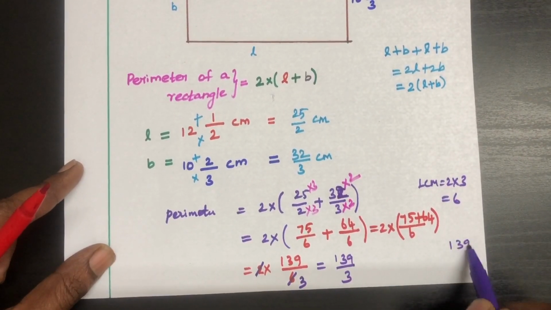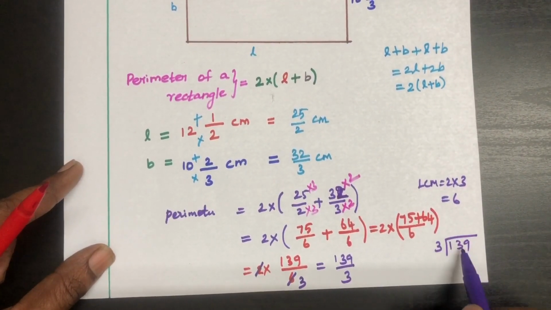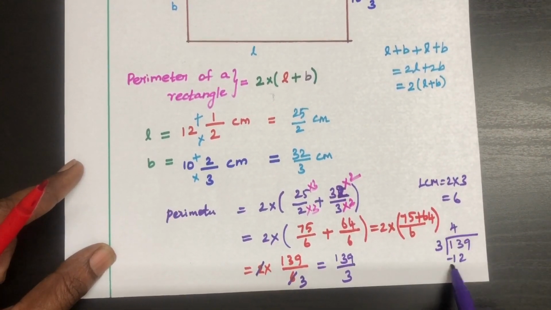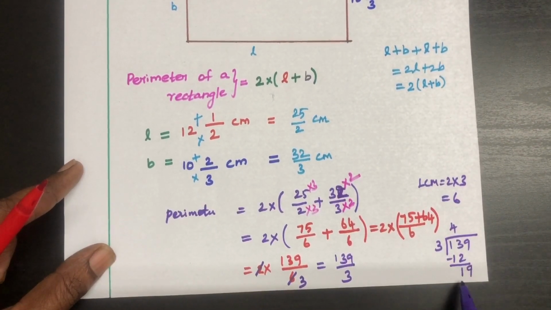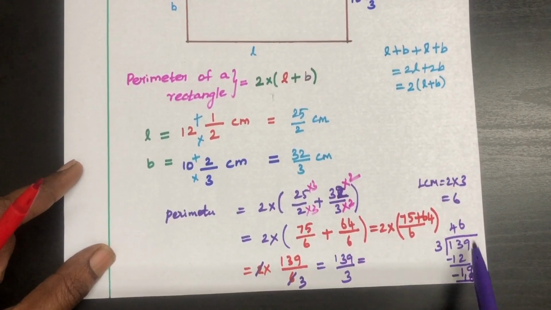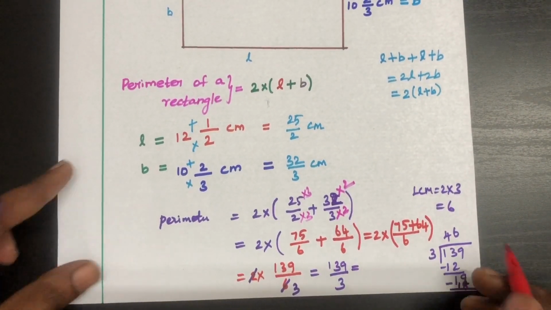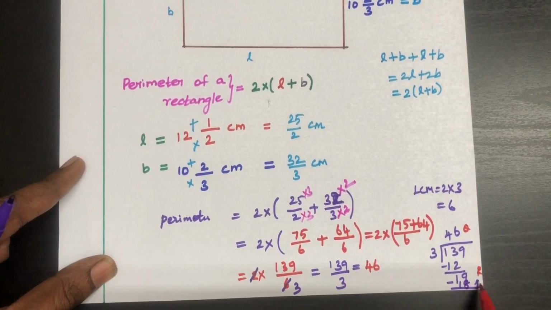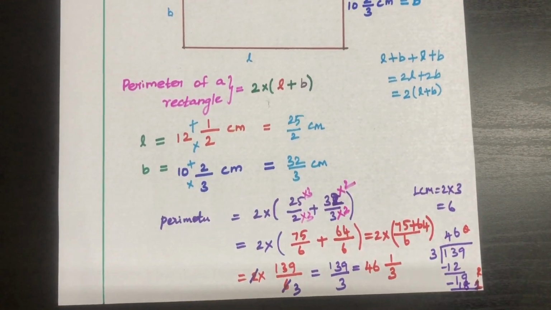So 139, if you divide it by 3, how many 3s in 13? 4. 4 3s are 12. Remainder 1, bring down 9. How many 3s in 19? 6 times, 18. Remainder is 1. See here how to write. Quotient is 46, remainder is 1. So 1 divided by 3. 46 and 1 by 3 is the answer.